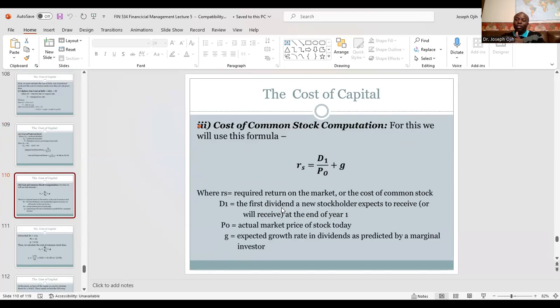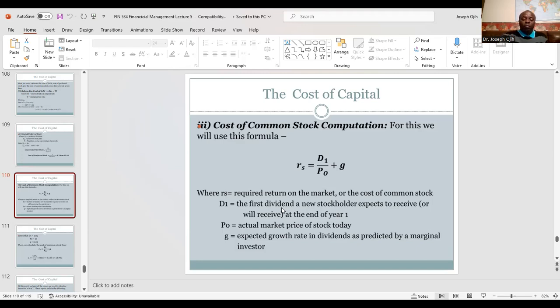So either we call it the required return on the market, or we can call it the cost of common equity. D1 is the first dividend a new stockholder expects to receive at the end of year one. P0 is the actual price of stock today, and G represents the expected growth rate in dividends as predicted by the marginal investor.